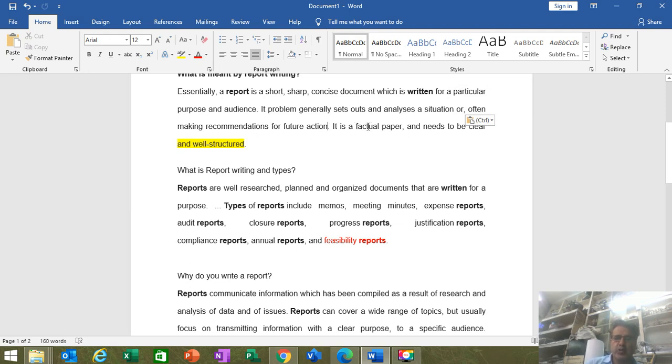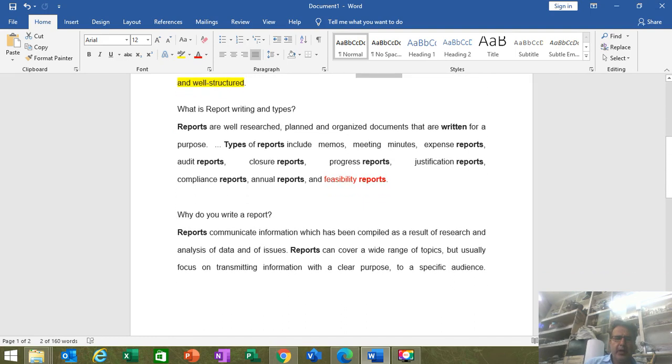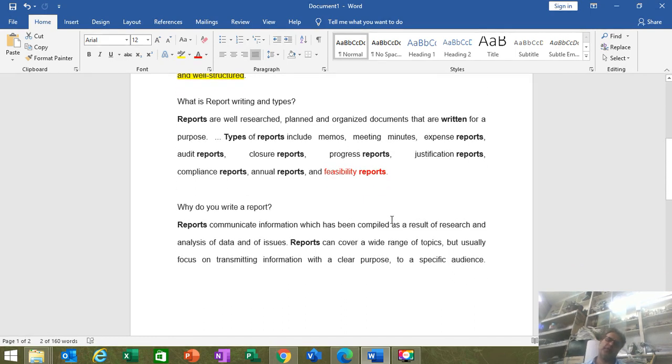It is a factual paper. It needs to be clear and well structured. Remember, what is report writing in types? Reports are well researched, planned, and organized documents.